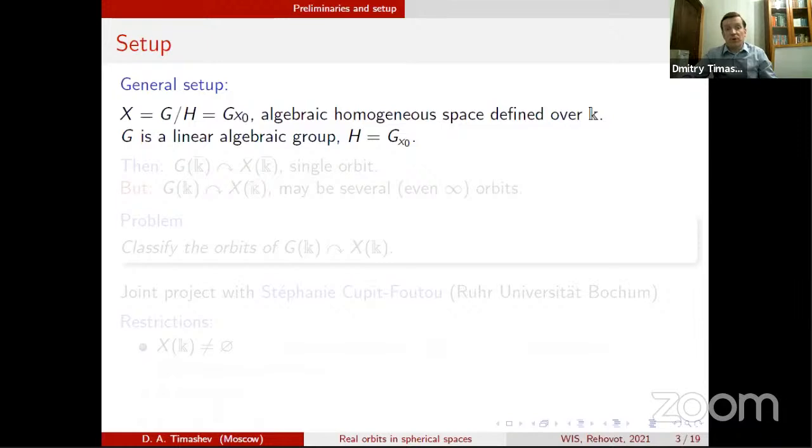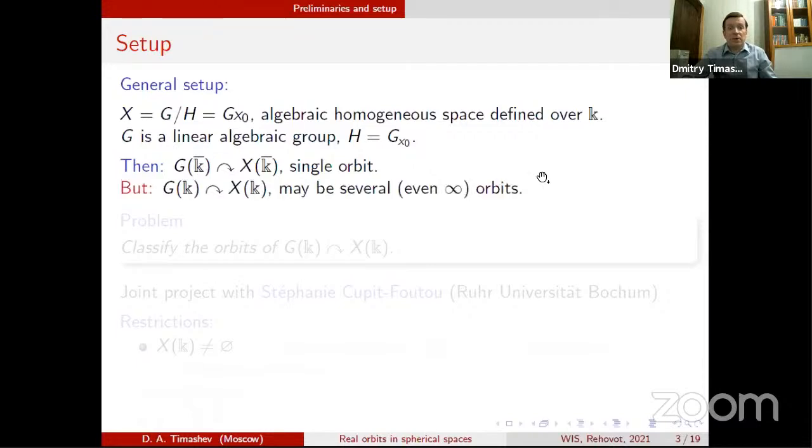And G, X, and the action of G on X are all defined over this base field. This essentially means that the formulae, the equations defining these actions, have coefficients in this base field. Then, since X is assumed to be homogeneous, the group of points of G over the algebraic closure of K acts on the K bar points of X transitively. There is a single orbit.